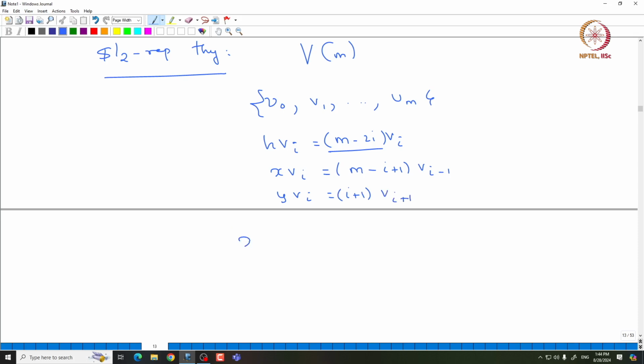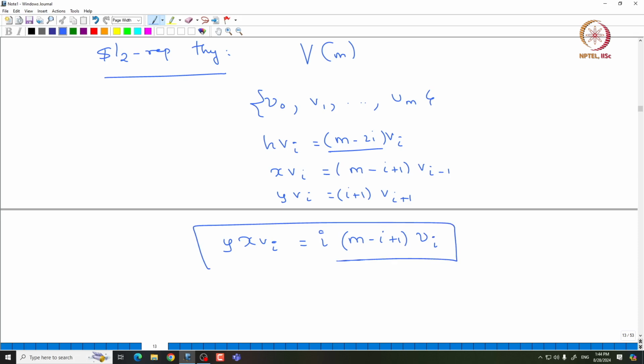So, y x acting on Vi will be exactly m minus i plus 1 times Vi minus 1, on which y acts. So it gives i times m minus i plus 1 times Vi. This is the action on the ith element Vi, which corresponds to the weight m minus 2i.